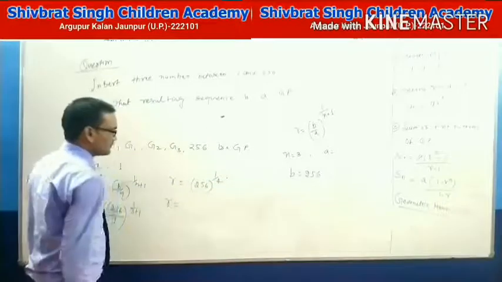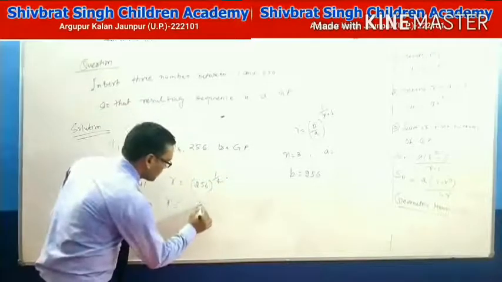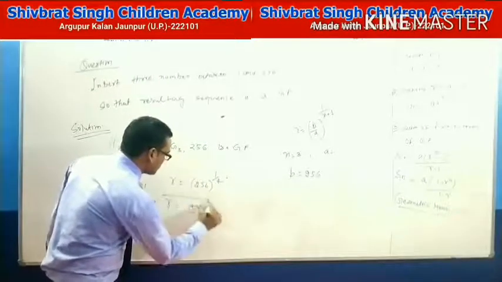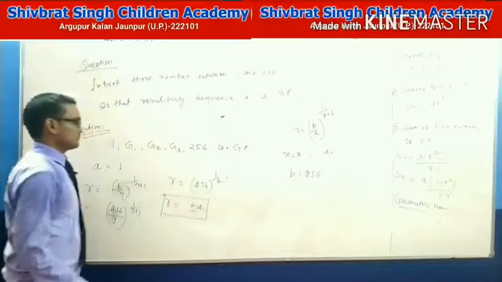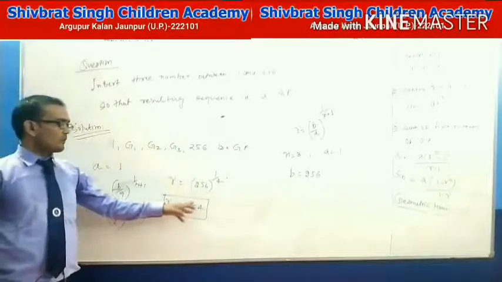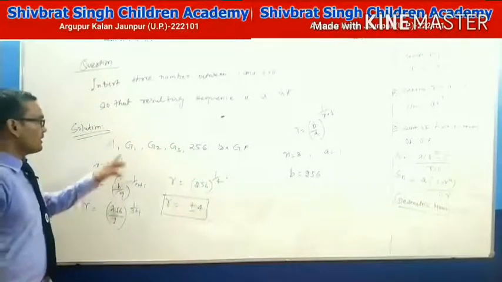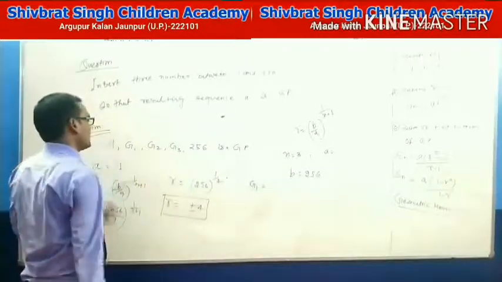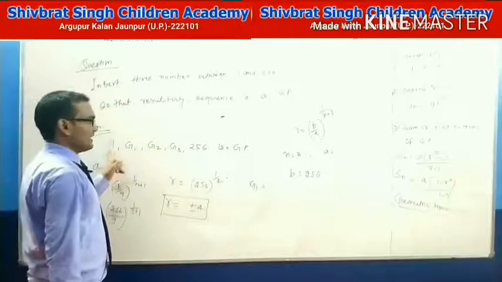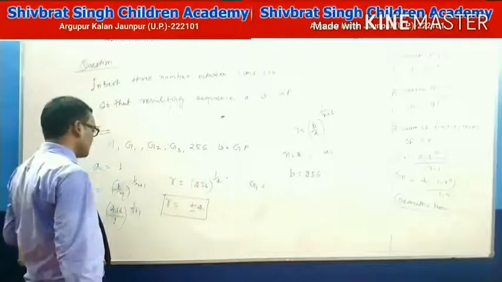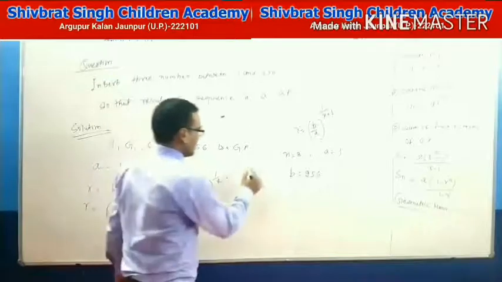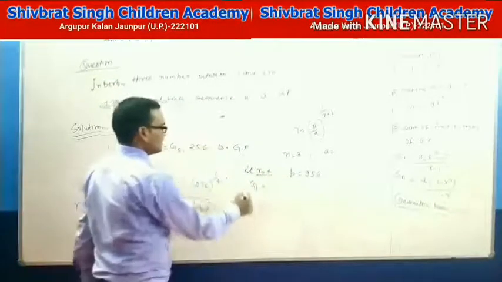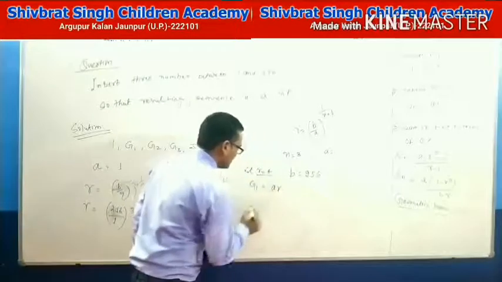R equal to 4 to the, R equal to plus minus 4. The value of R is equal to plus minus 4, and now find the value of G1. G1 is the second term of this GP and the first term of the GP is A. A equal to 1, we take R equal to 4, then G1 is equal to AR.